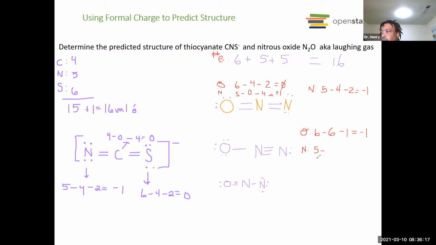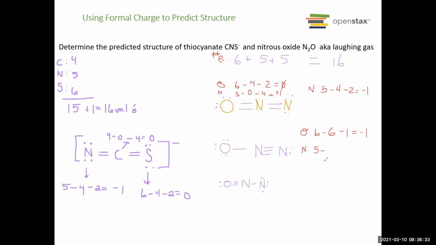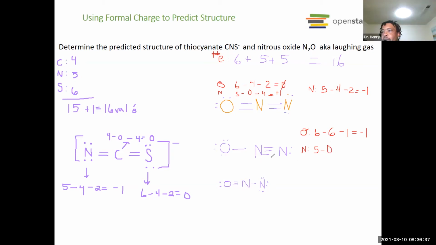The number of lone pair electrons around the center one. Do you see any lone pairs up here in the center? No. So 0, right? And then the number of bonds. 4.